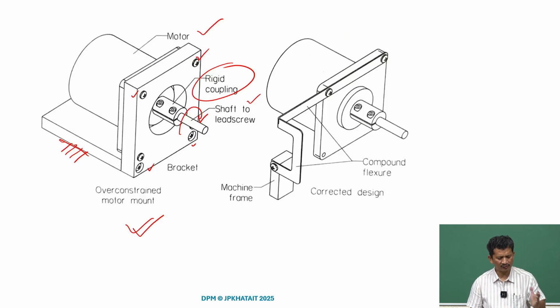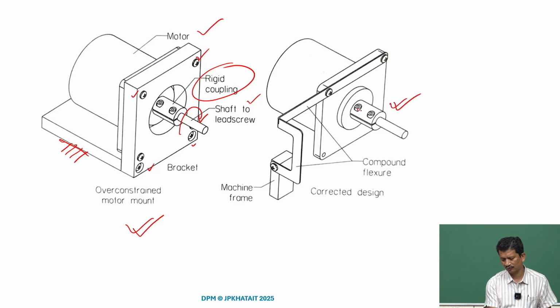They tried to fix it many times, they tried to fix the alignment, they tried to adjust the bolting, but could not get rid of the problem. And with careful analysis, what you realize is that it can be easily achieved. So, maybe for some reason they still want to use the rigid coupling.